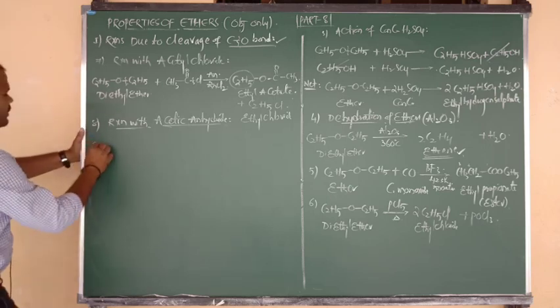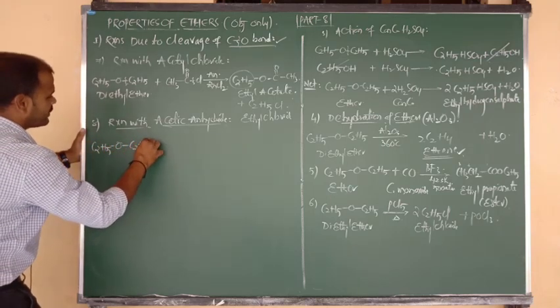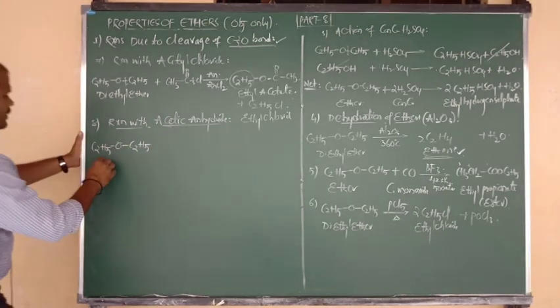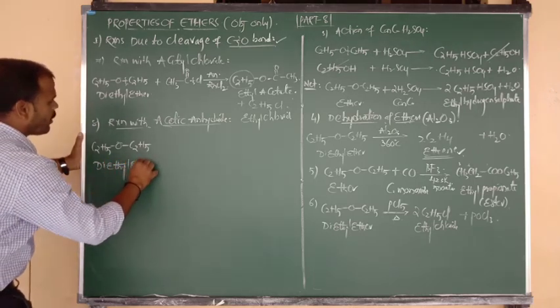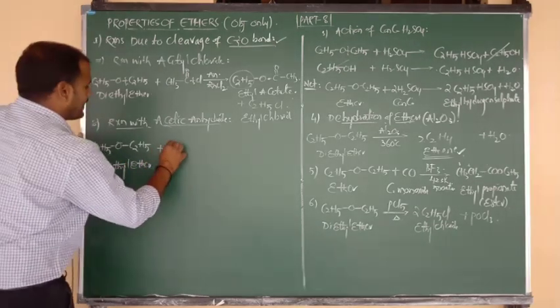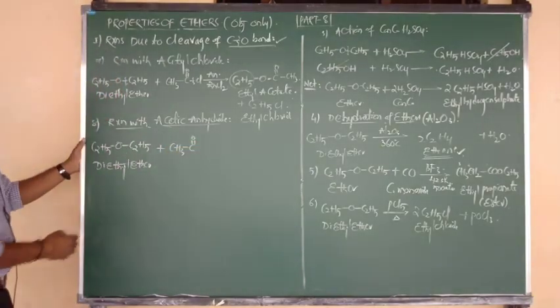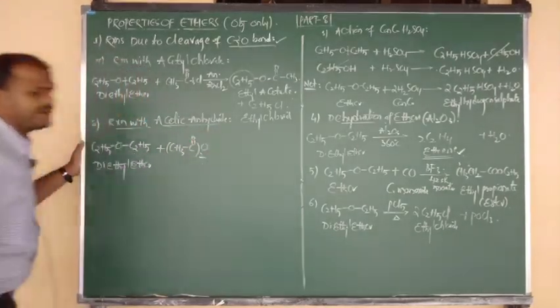Again same thing. The best example of ether we are going to consider is diethyl ether. The formula is C2H5O C2H5. So diethyl ether upon reaction with acetic anhydride. What is the formula of acetic anhydride? CH3 bond C double bond O, taken twice, and again we have to write the oxygen outside.